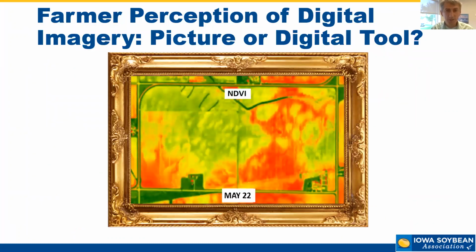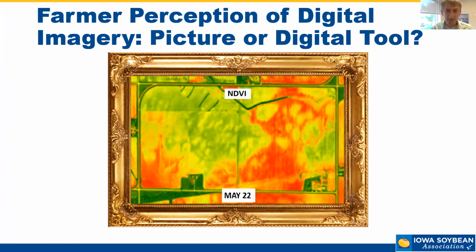What we learned is that a lot of the time, of course, we work with many farmers over time. And for me as a scientist, the best way to start a conversation with farmers is to start talking about imagery. Farmers like to talk about imagery of their fields, but they also like to talk about imagery of their neighbors.